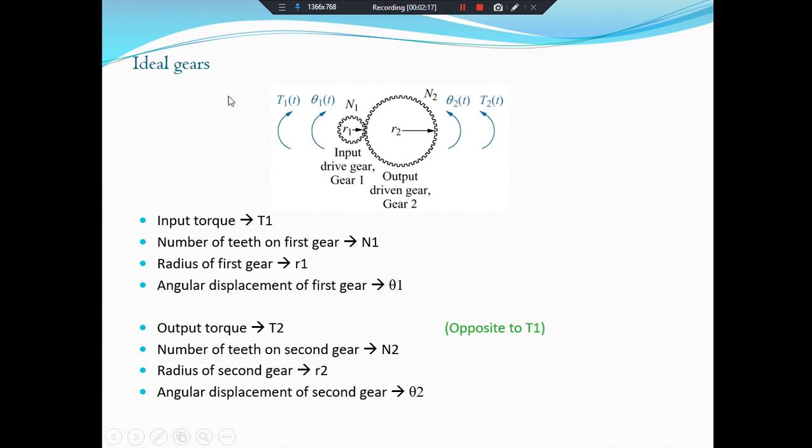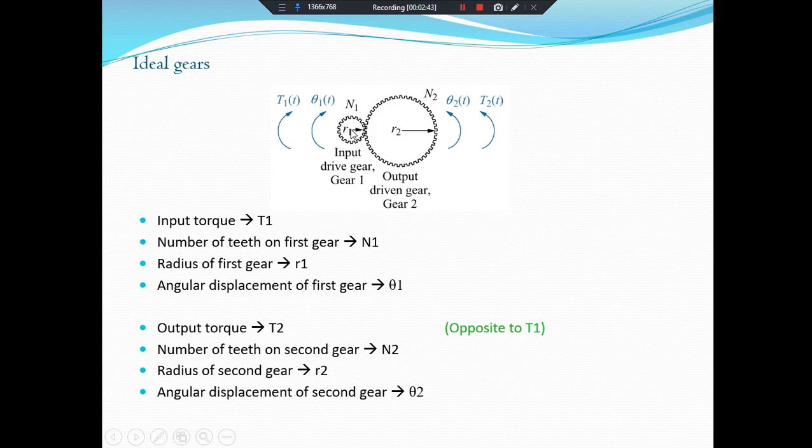Actually, we are considering the ideal gear. This is our input gear. The input gear has radius R1, the number of teeth on the input gear is N1, the torque applied on the input gear is T1, and the angular displacement covered by this input gear is theta 1.